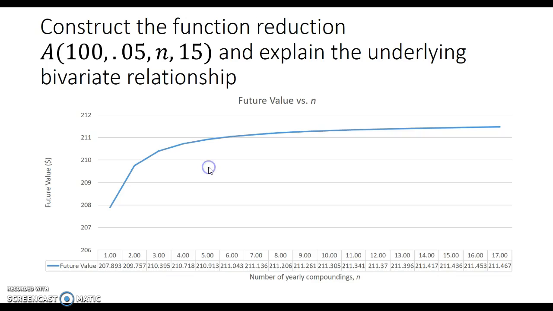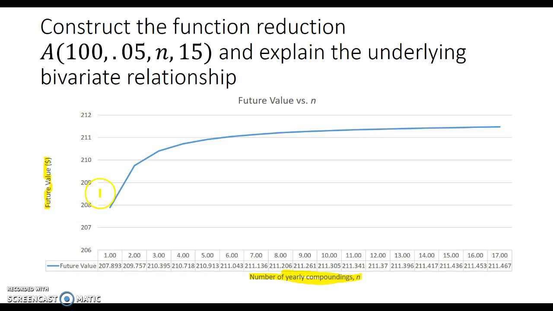If I begin to graph this function now, the function that I'm graphing here is the function that we had on the previous slide with n as a variable. So now what I have is the future value as a function of the number of yearly compoundings. That's key here. The future value, A, is varying as we change the number of annual compoundings.